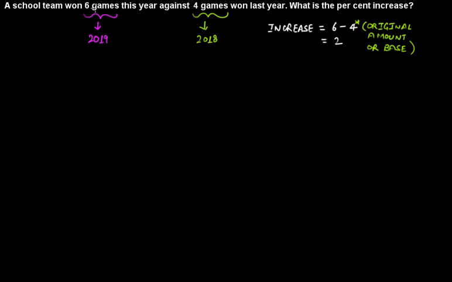If they won 6 games, then there is an increase of 2 on the basis of the 4 games that they had won in the year 2018. This is the reference point, this is the base point, this is the original amount on which we are actually calculating the increase or the decrease. So in this case it is an increase, that is 2.